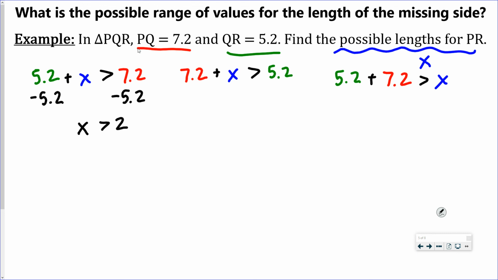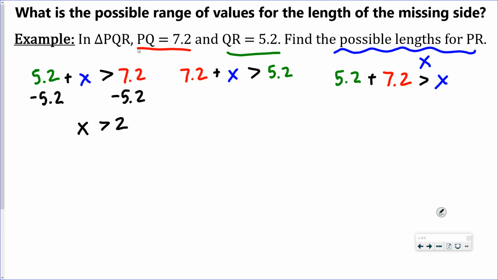Algebraically, though, what's one small difference when I'm solving inequalities versus solving equations? Do you know what I'm thinking of? Another guess? That it's not an equal sign. Okay, yeah, you're right. But there's one small algebraic thing you have to remember to do when you're solving inequalities.